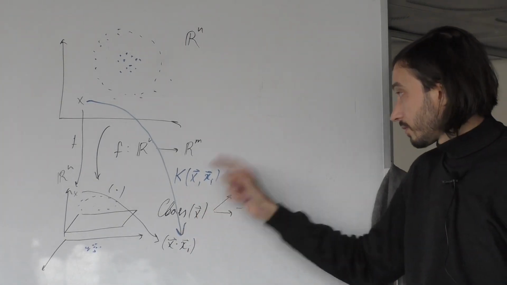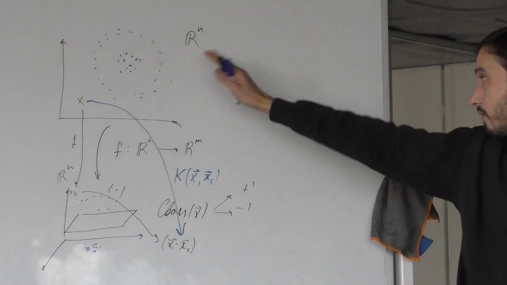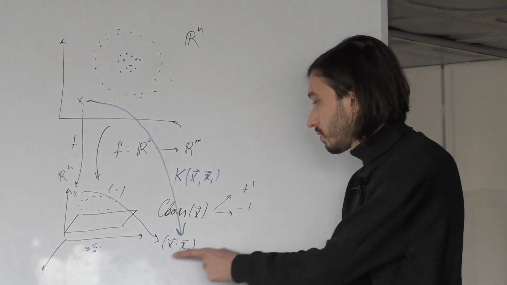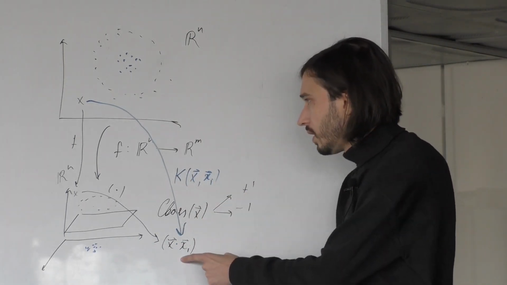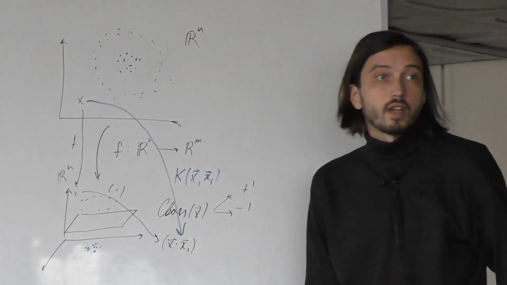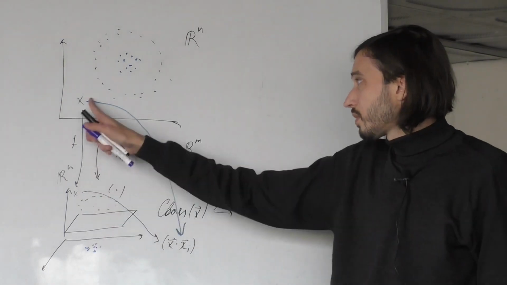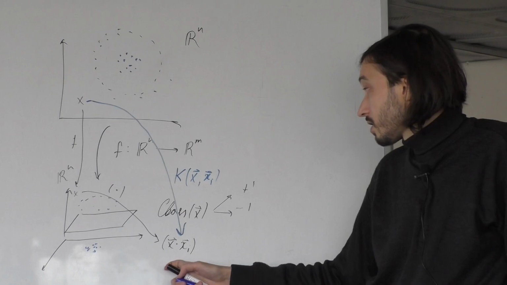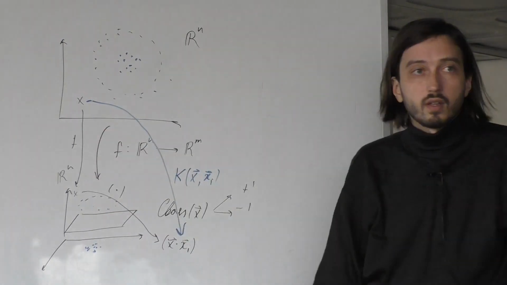And that's my kernel. The interesting part is that when I'm using this kernel to get in here, I can avoid this space altogether. I don't really need to know where I mapped this point. Kernel gives it to me, so I can forget about it.